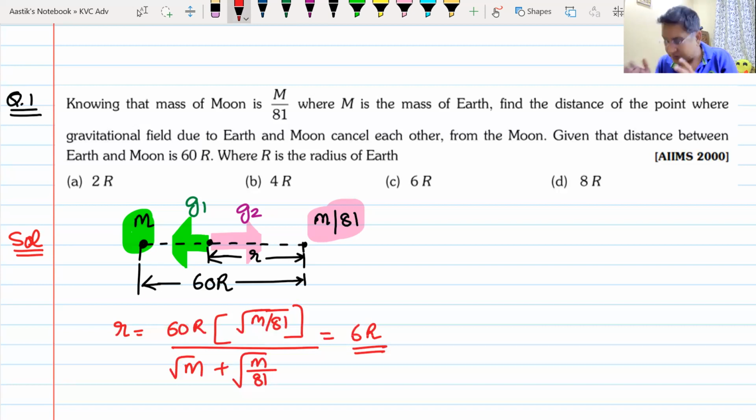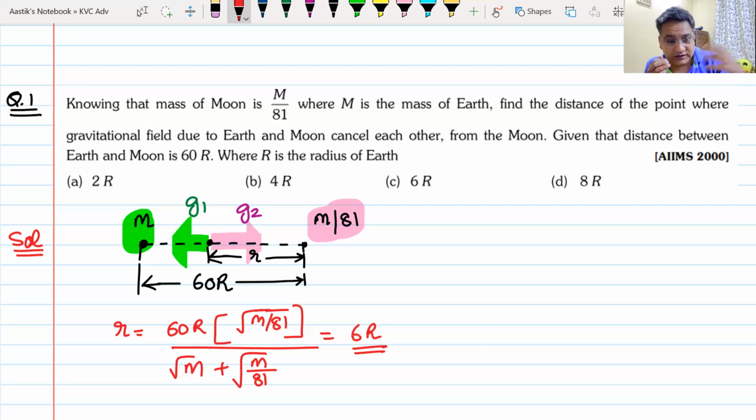See, this is such a difficult question. Tell me what the difficulty in that question was. If you can tell me, I would really appreciate it. What was difficult in this question that you could not do? What did you not understand? Tell me. Anyone? You could just tell me, sir, this is the point we did not understand. If I don't understand what you don't understand, what will I teach you?